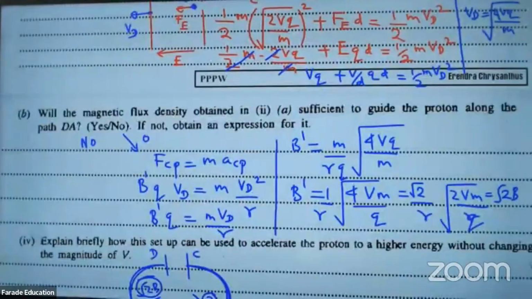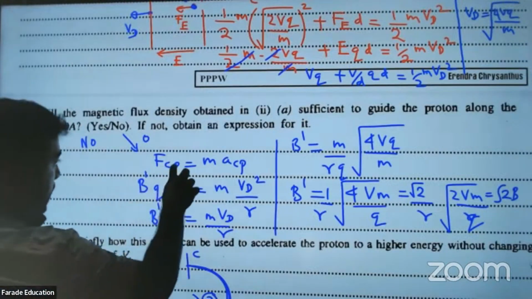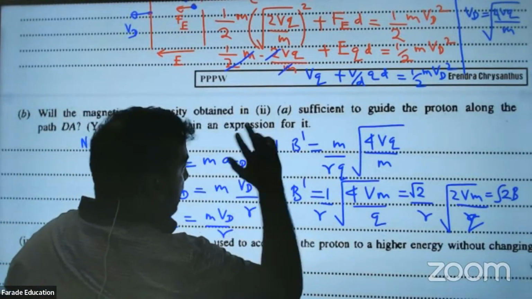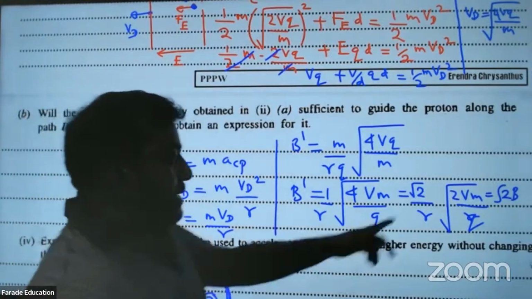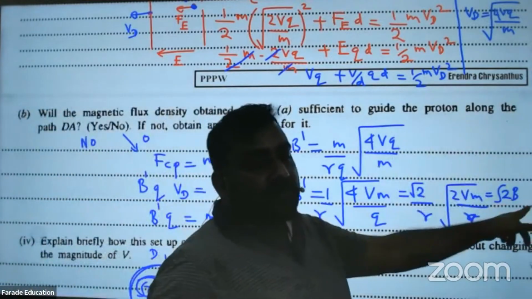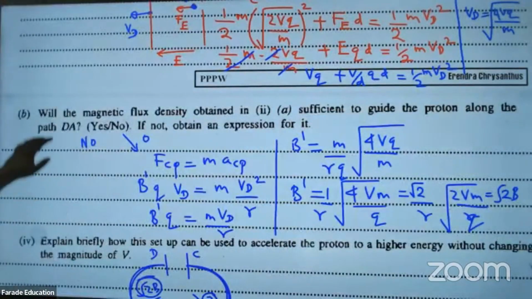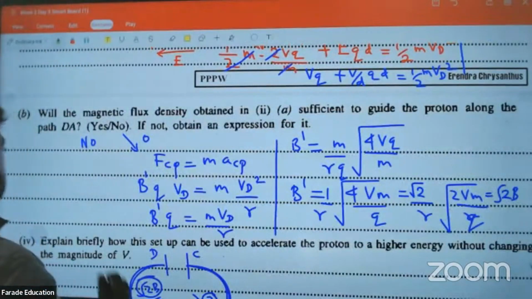Will the magnetic field obtained be sufficient? Answer is no. Velocity has increased, so for the same radius, the magnetic field should change. See, velocity has increased by root 2 times, magnetic field also increased by root 2 times. What's the reason for this? The reason is very simple.